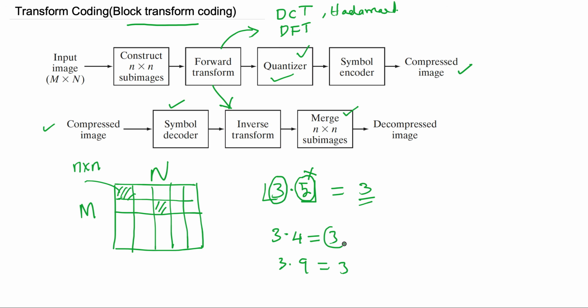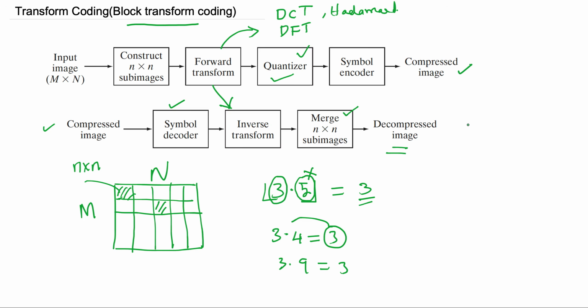So by just getting the value 3, we will not be able to say from what value this 3 came. It can be from 3.1, it can be from 3.2, etc. So we are actually neglecting the minute details from the image. That is how we can achieve quite a good compression ratio for the transform coding. So we will have a decompressed image.